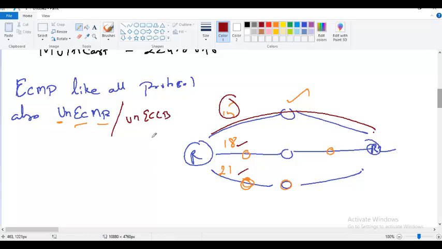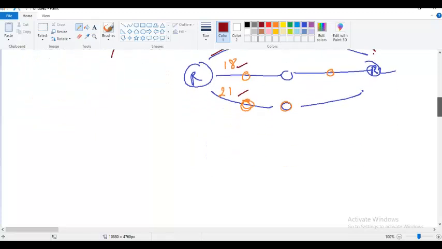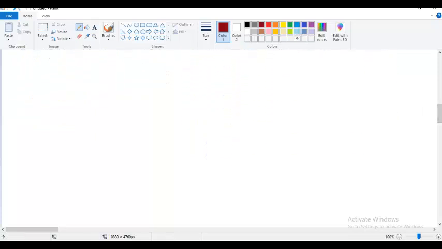No. Why? Because they don't form neighbor when the autonomous system number is different. This autonomous system number is 10 and this is 20. They won't form neighbor. These two will form neighbor, so Router 2 can ping from here to here, no problem.